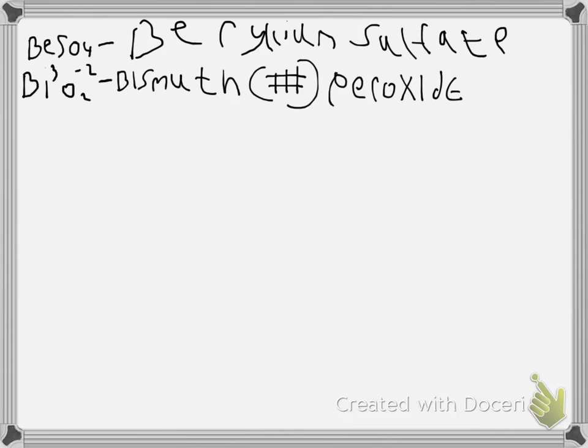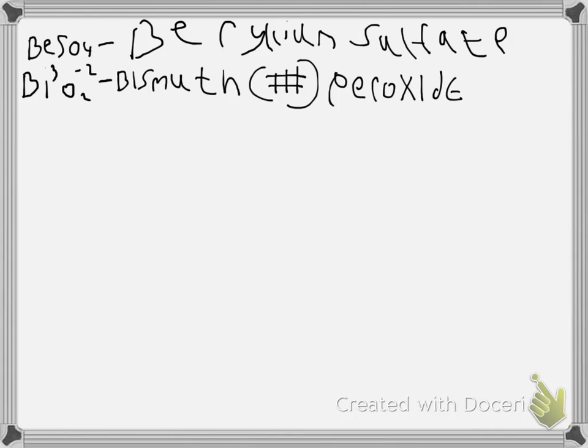So one thing to remember is whenever you're writing something with a polyatomic ion, if you just want to show multiples of that, then you put it in parentheses and you stick a subscript next to it.